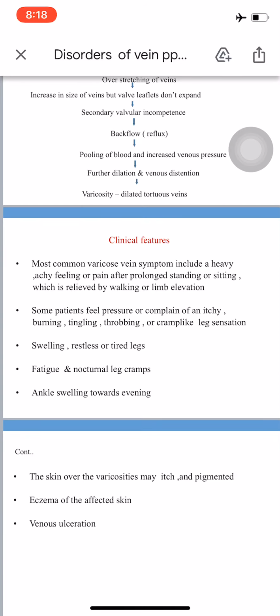Next is fatigue and nocturnal leg cramps. Next is ankle swelling towards evening. Next, the skin over the varicosities may itch or be pigmented. Then eczema of the affected skin and venous ulceration.